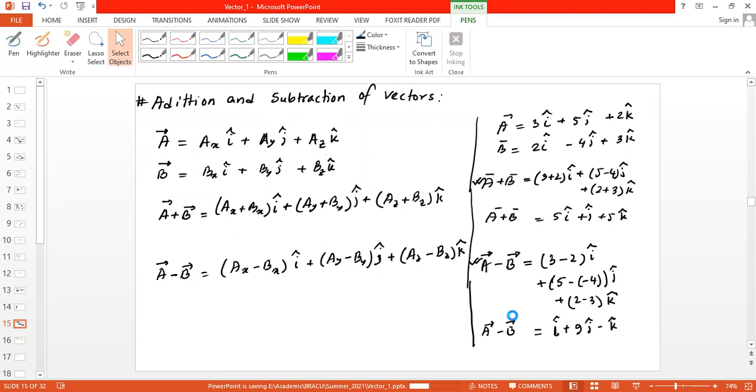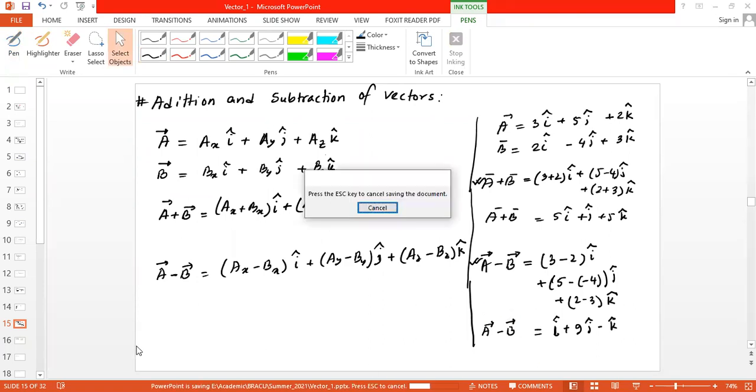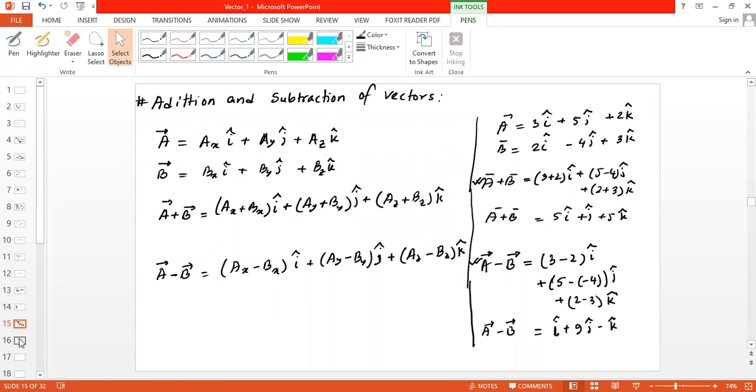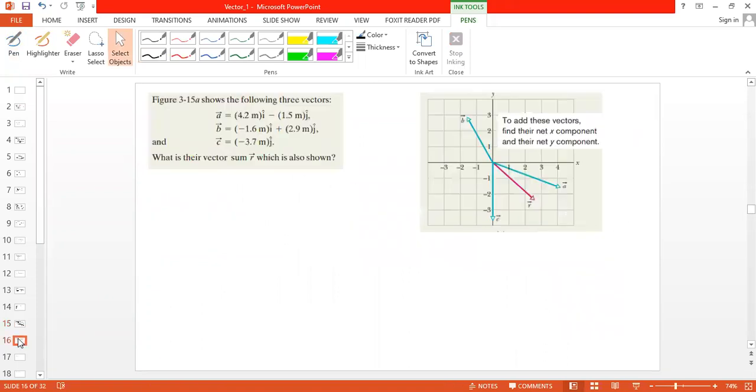Let's try some related math. So here 3 vectors are given. One is A, another one is B, and another one is C. What is their vector sum? This is my A vector, this is my B vector, and this is my C vector.